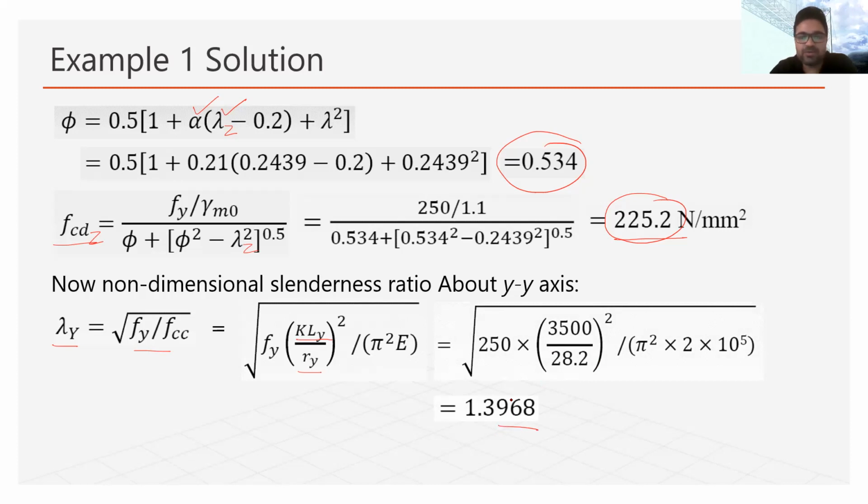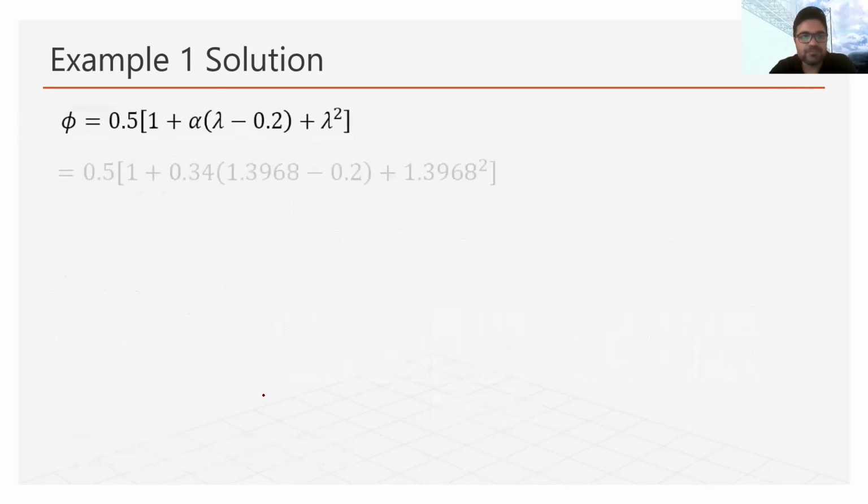Similarly, we will now find out the phi value. Along the Y axis, the buckling class will be B. So for B, the value of alpha will be 0.34, which we saw in Table 7 earlier. You can see this time we are using alpha as 0.34, while in the previous case we were using 0.21.